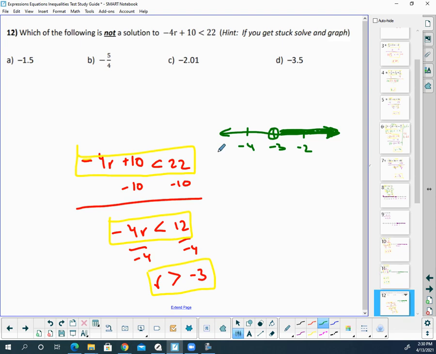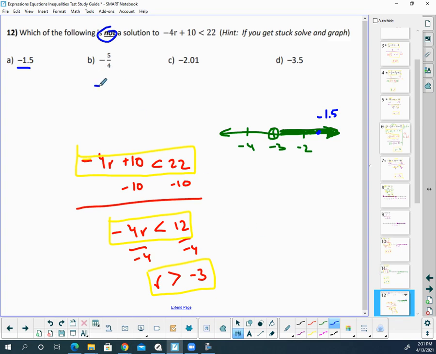So let's talk about these values. Negative 1.5, I'll put that in blue, would be somewhere around there. Is that a solution? Well, it's in the shaded area, so it is a solution. We want one that is not a solution.